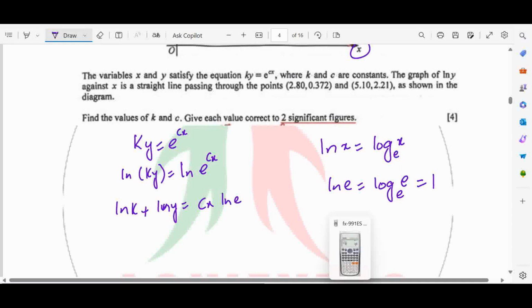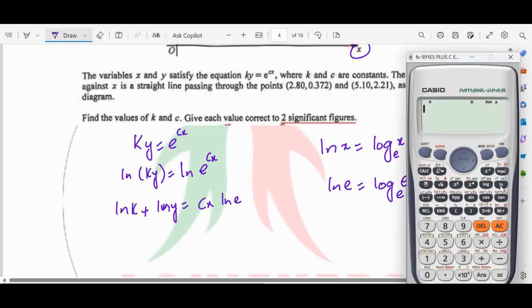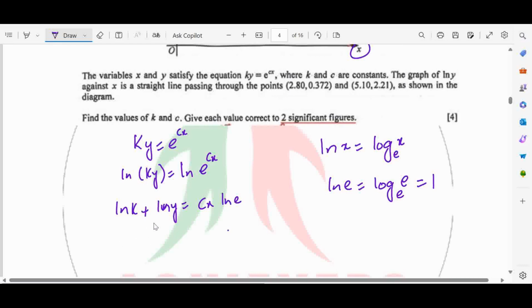We can just verify it using the calculator also. Log of e will be equal to 1. That is why we can directly write it as natural log of y is equal to cx minus natural log of k.